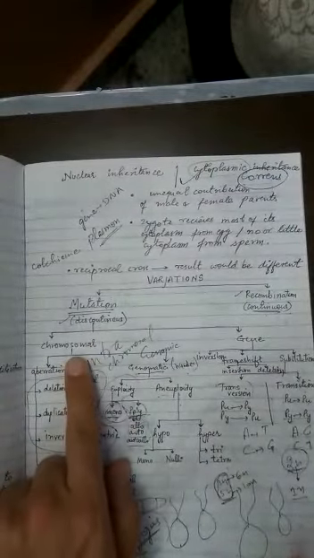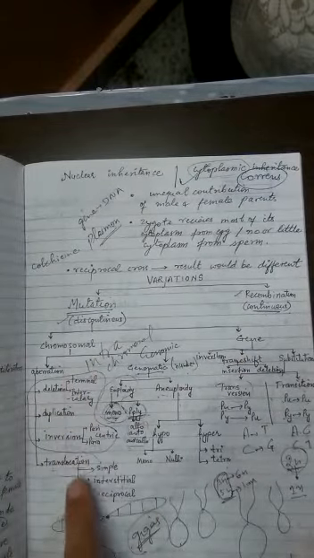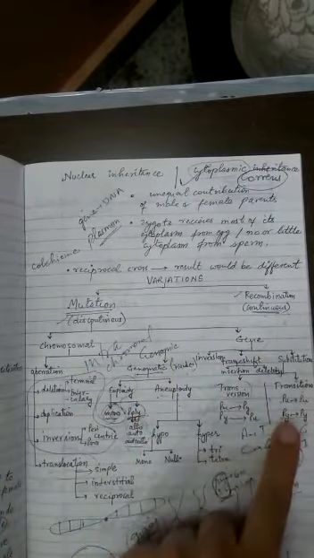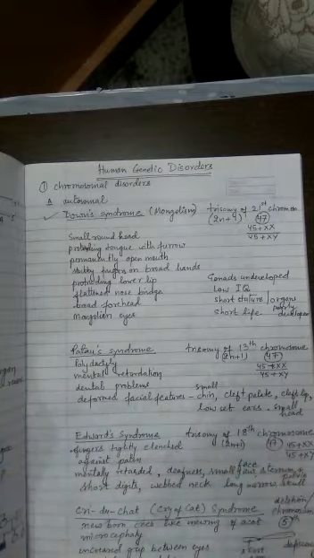We learned that these mutations are chromosomal mutation or gene mutation, and chromosomal mutations can be a structural change or a number change, and gene mutations are also possible. So we are going to learn this whole concept today, taking some diseases and their symptoms and causes to finish this topic.